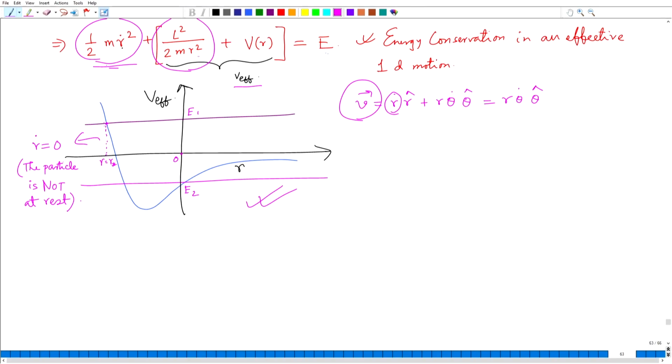Now you try to understand the meaning of that. If you have a radial direction, and this is the origin and the particle's position vector is r, then at this point the velocity will be directed in the cross radial direction.